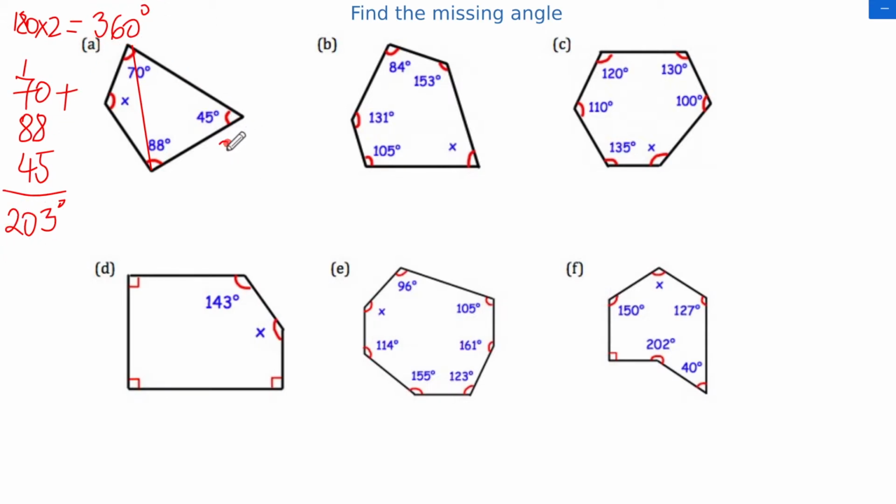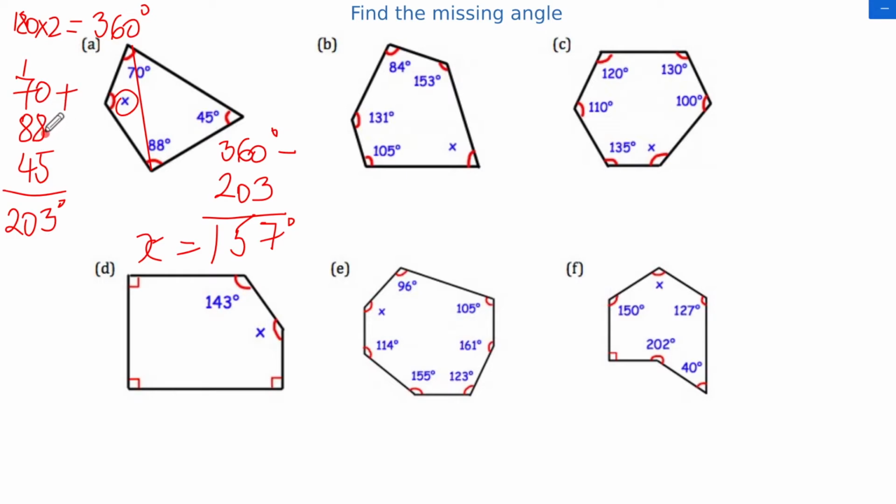So you do 360 degrees minus 203, and that should give you 157. So 157 degrees is the size of this angle X. Okay, so that's how you do that.